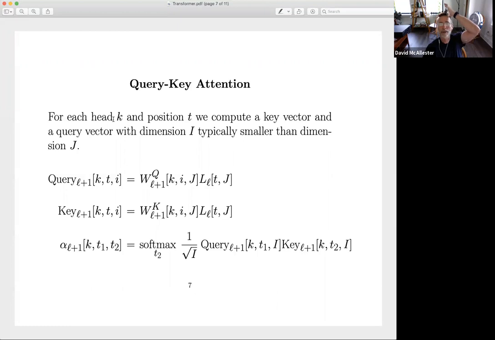And so now I'm going to describe how the attention is constructed in the transformer architecture. For each head and position, we're going to compute a key vector and a query vector. Remember, these are layered, so I'm going to use the subscript l to talk about what layer in the network we're in.